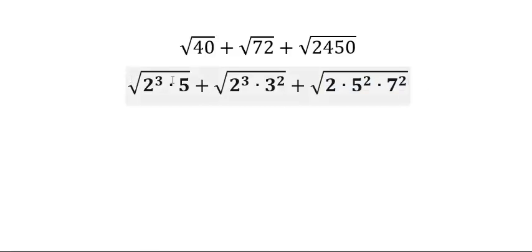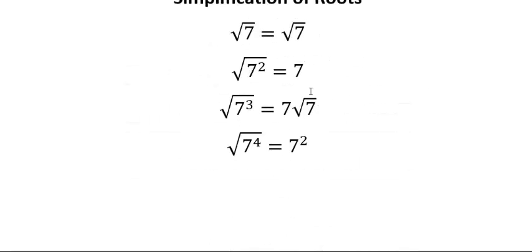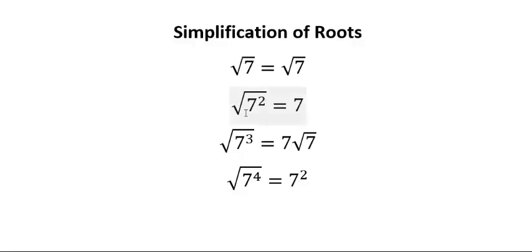Now I'm going to use the rules that I discussed before. I'm going to get some numbers outside of the square root. Remember that if it's raised to 2, then the number is going to come out. And if it's raised to 3, the number is going to come out, but there's going to be a remaining number in there.